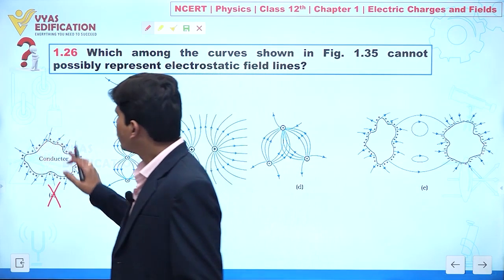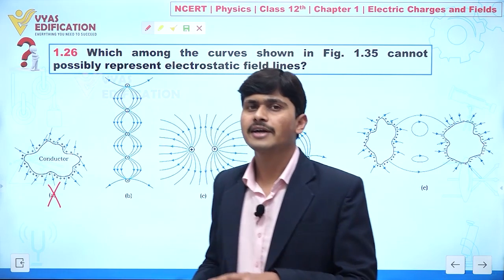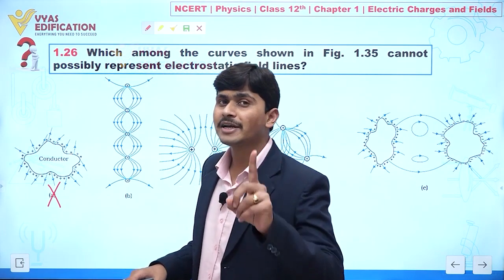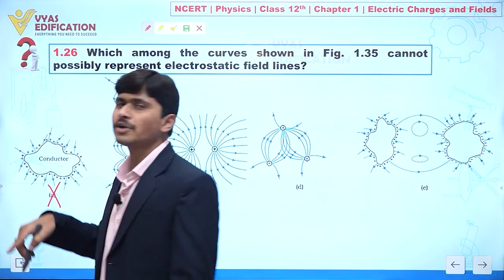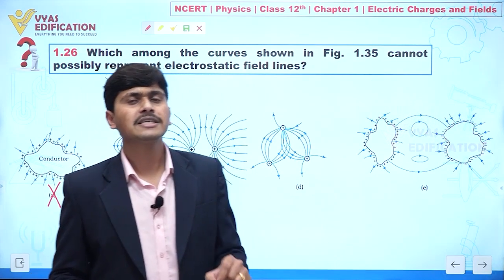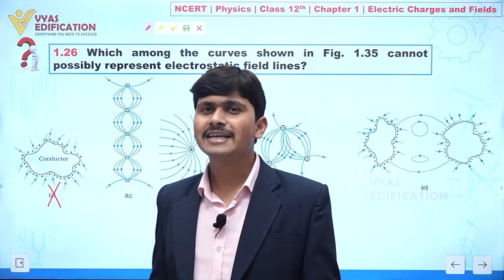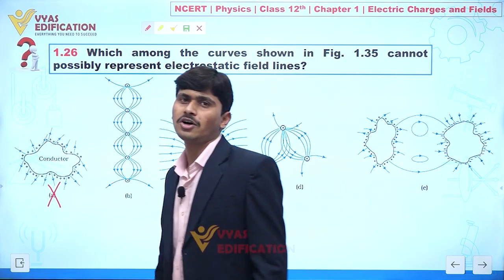Why? Because whenever electric field lines are incident on a conductor, they always incident perpendicular to the surface, because we have an equipotential surface. So this figure is not possible.